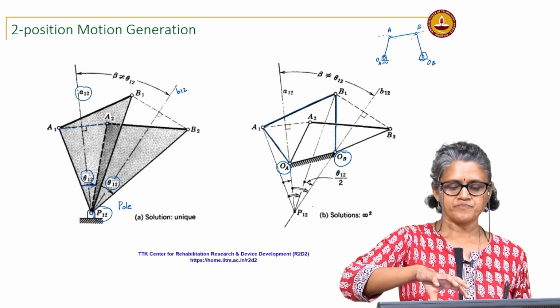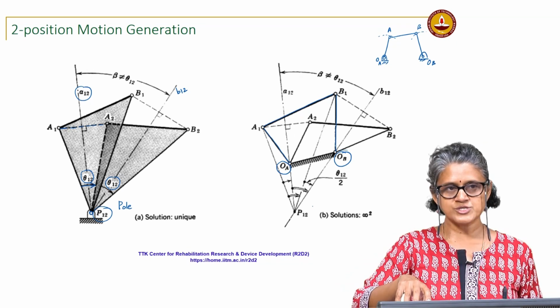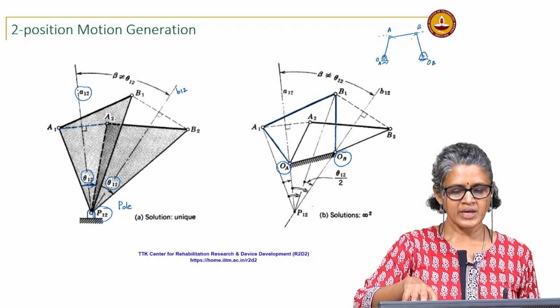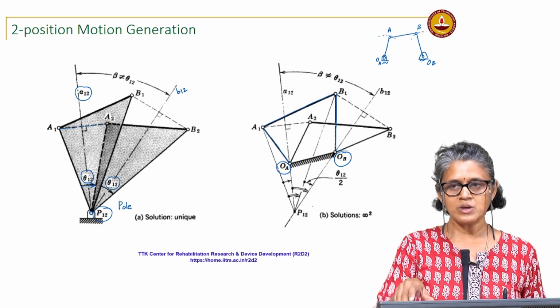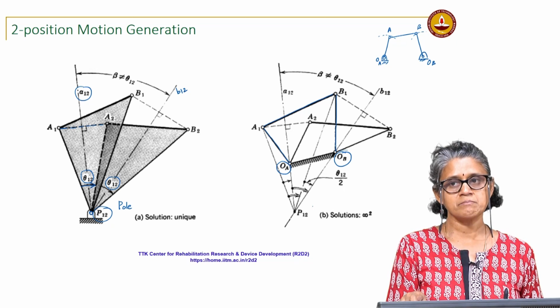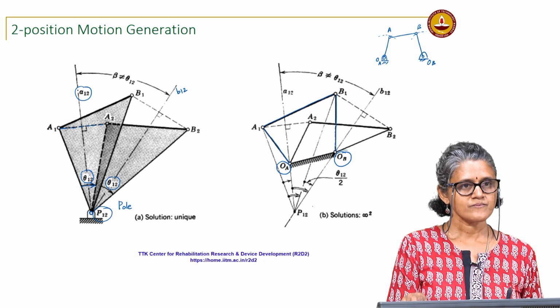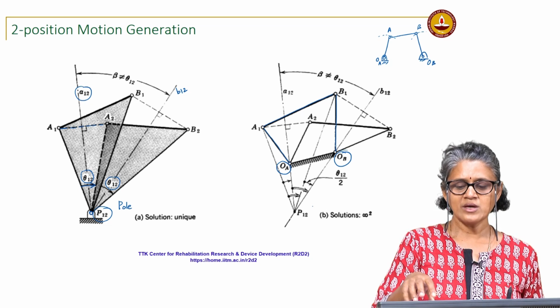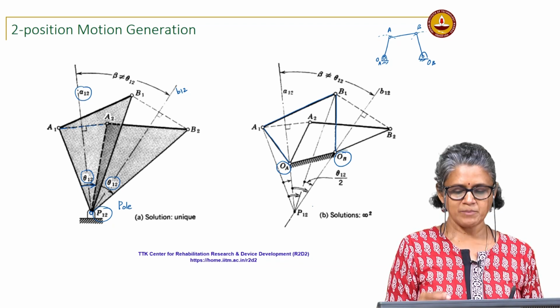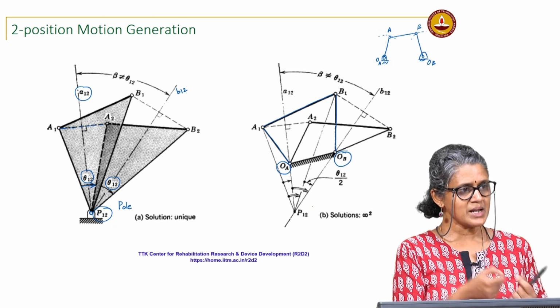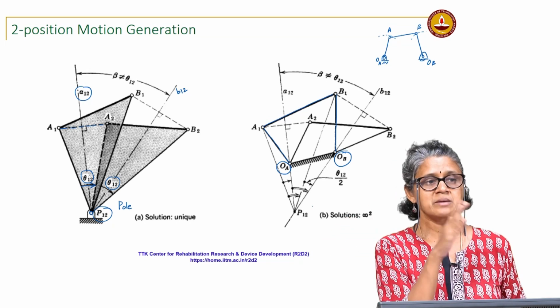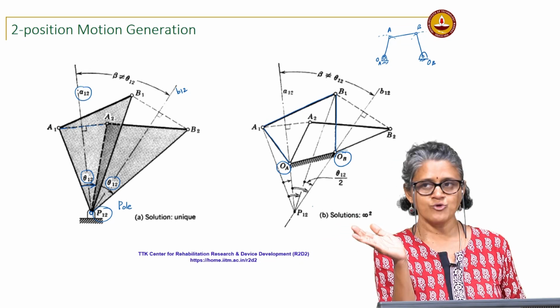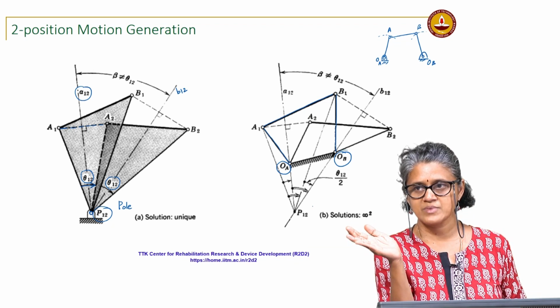So, when OA A1 moves to OA A2, B1 OB B1 will move to OB B2. Okay. So, here now I have gotten, because my pole may not be accessible, I can do the same 2 position motion generation by means of a 4 bar linkage.